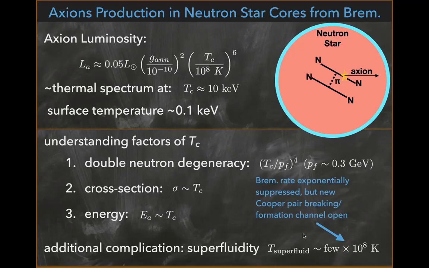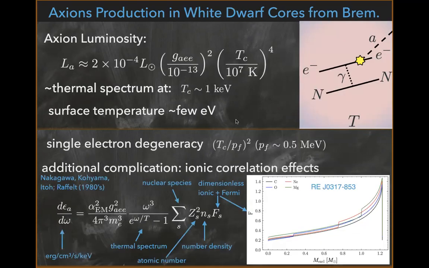But it gets even more complicated than that, because superfluidity, while it suppresses the Bremsstrahlung rate, opens up a new channel for producing axions, whereby you form or break a Cooper pair and emit an axion in the process. And that Cooper pair breaking and formation channel can outshine the Bremsstrahlung channel, depending on temperature and superfluid transition temperatures. So that's just to say there's a lot of theoretical uncertainty which goes into the calculation of this axion luminosity.